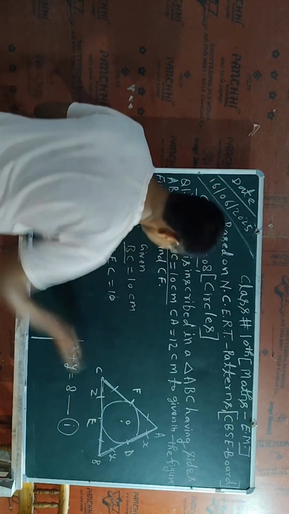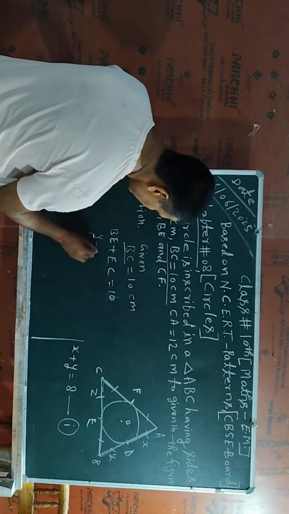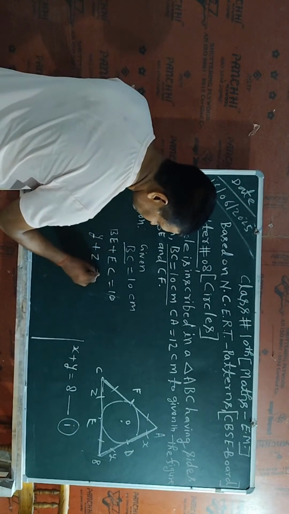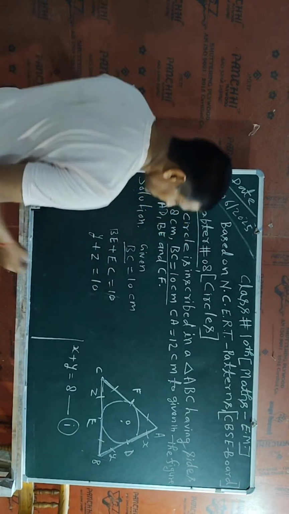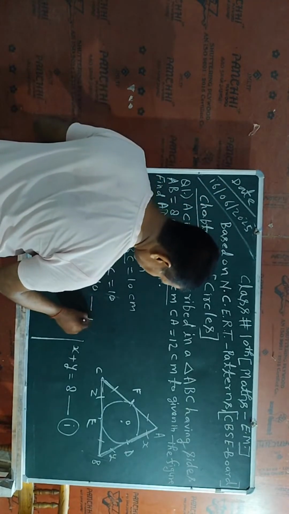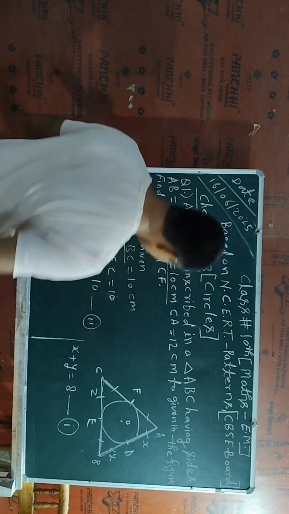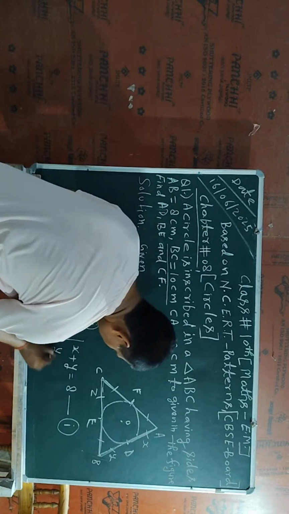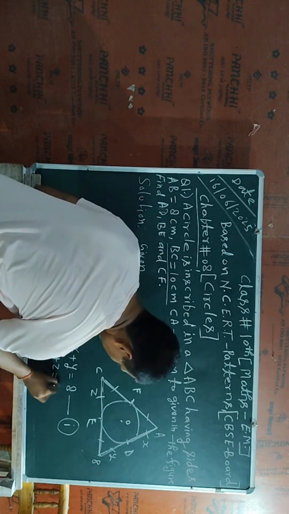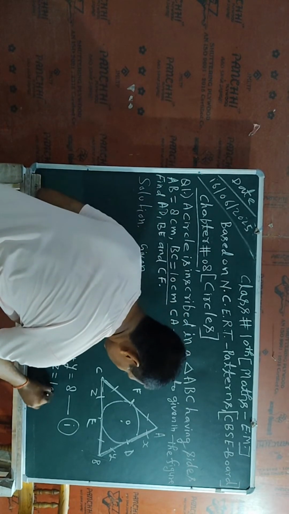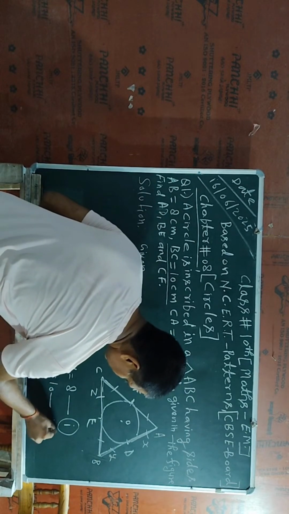Now with B I write here Y, and plus here Z, which is equal to 10 centimeter. So equation number 2 is Y plus Z equal to 10 centimeter.